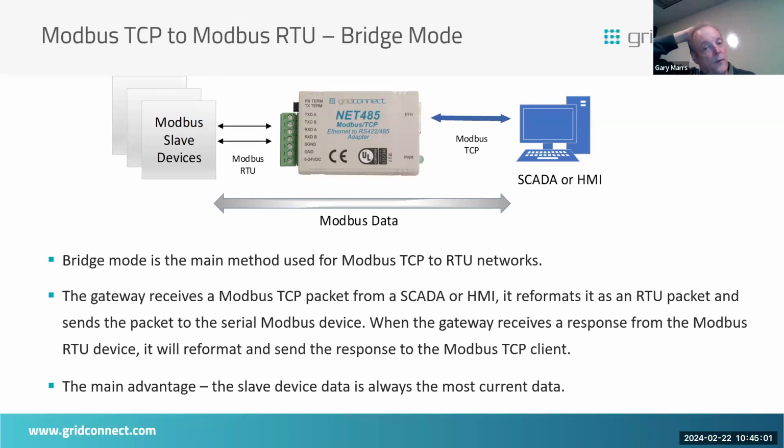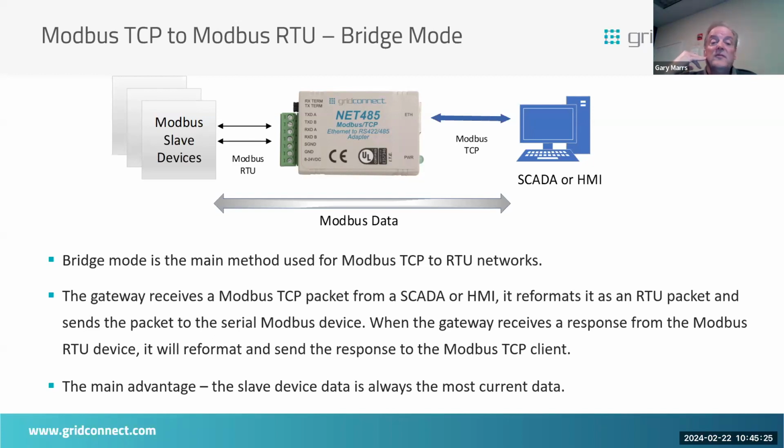But the way this works, and this is probably the main way that most gateways will take Modbus RTU data to Modbus TCP: the Modbus TCP client would send a request down Modbus TCP.